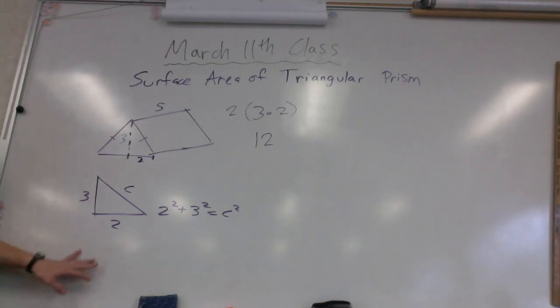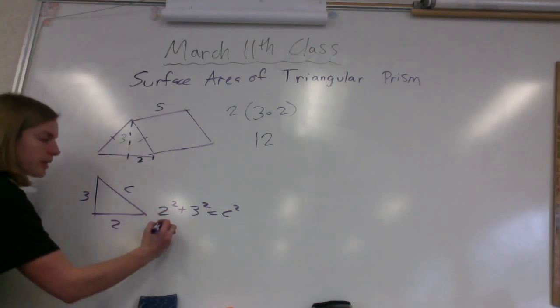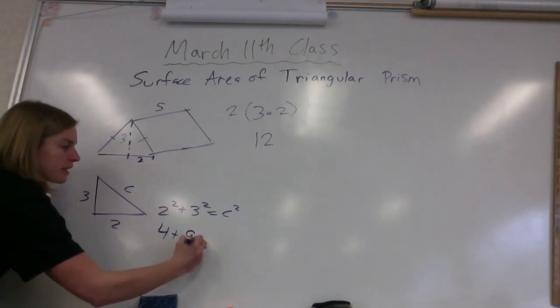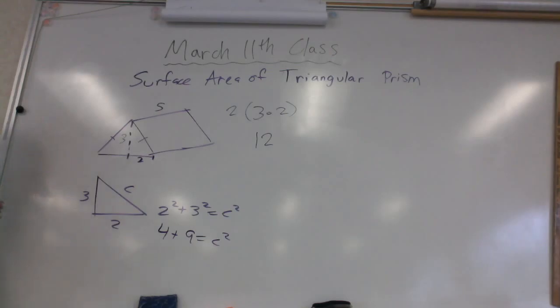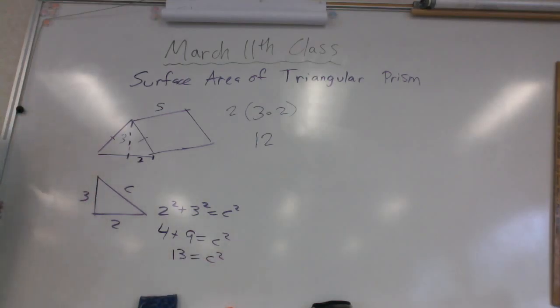Okay, so Pythagorean theorem, remember, a squared plus b squared equals c squared. Most of the time you have a and b and you're finding c because it's the diagonal. So you would do 2 squared, so we got 4 plus 9 equals 13. But we have c squared, we want regular c.